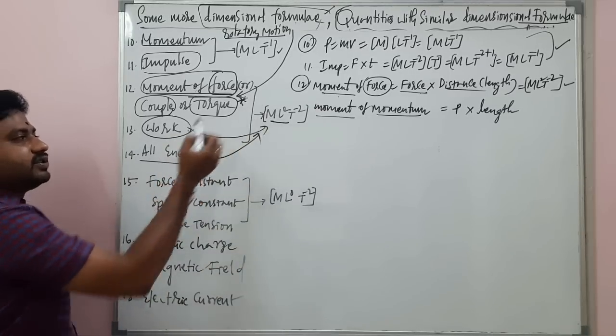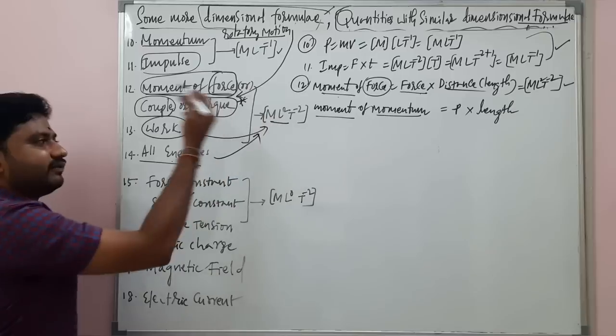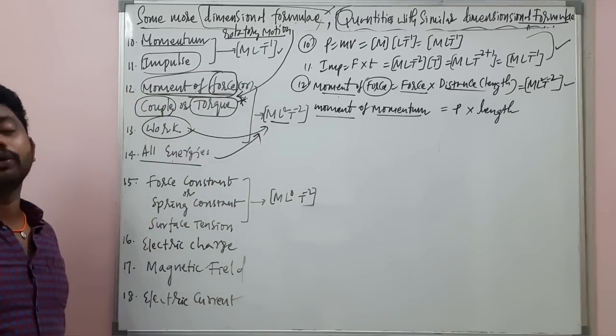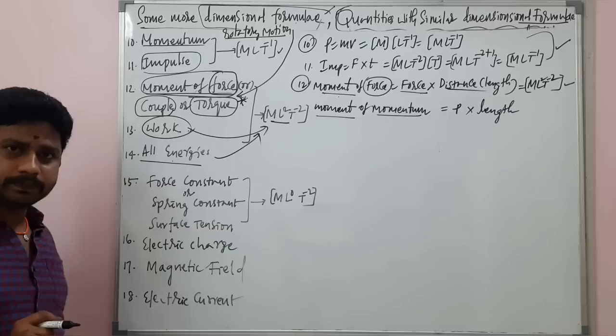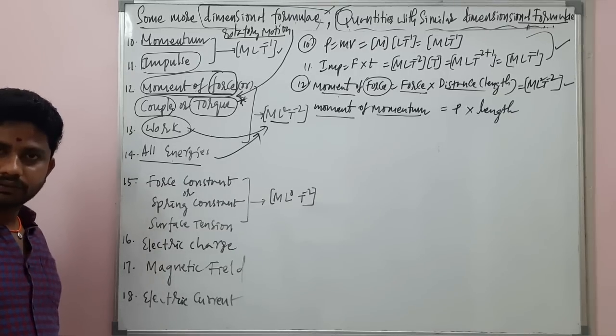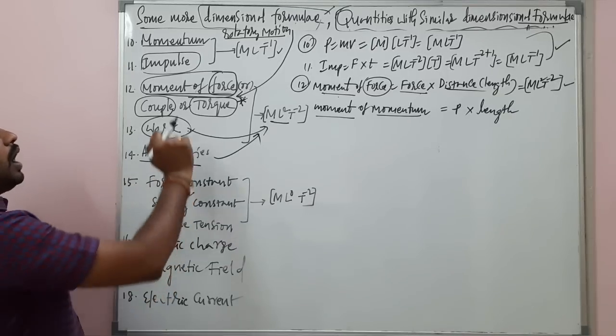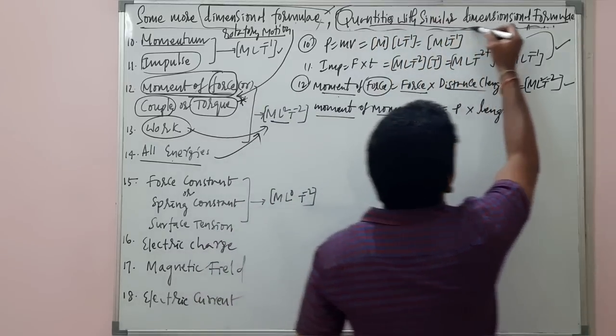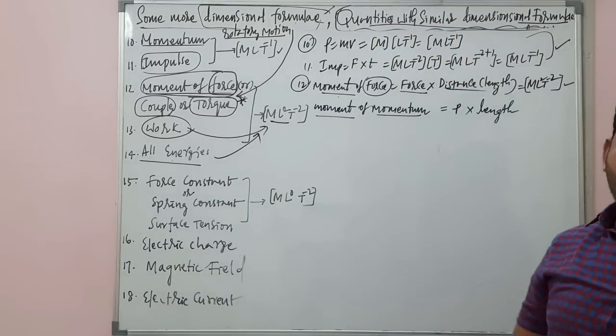Work will have the same, energy will have the same dimensional formula, and even torque will have the same dimensional formula. It's no problem at all. Is it clear? My dear students, our major focus for this session is the quantities with similar dimensional formula.